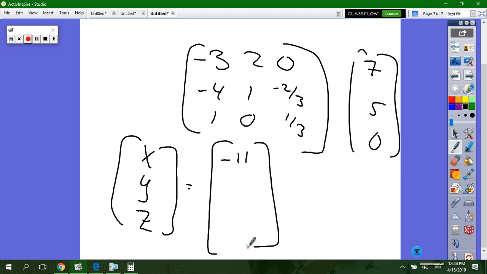Plus 5 plus 0. So therefore -23. 1 times 7 is 7. 0, 0. So x is -11. Y is -23. Z is 7.